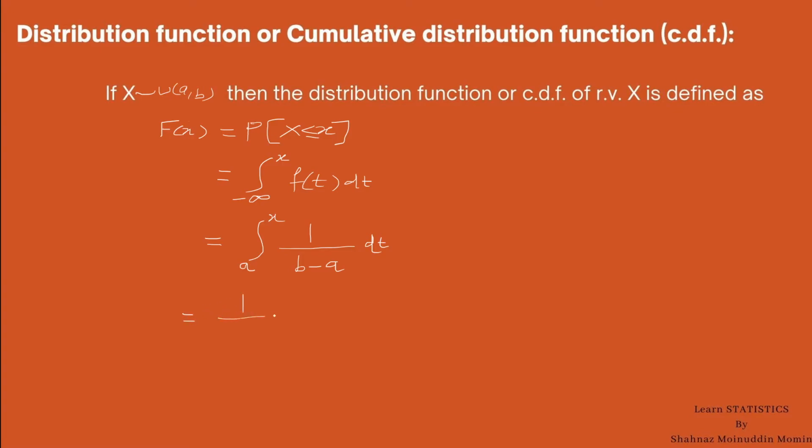As this 1 upon b minus a is constant, take it outside the integration sign, integration a to x dt. We know that the integration of dt is t. So, it is t, limit is a to x.